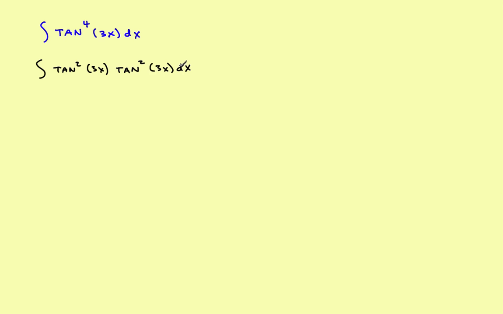Now again, why would you want to do that? Because you can use identities then to take these tangents and break them down into the forms of integrals that you actually have an integral that you can work with. Now, at this point, you're going to need identities, so we'll take a look at the identities again just to remind you. The tangent squared is equal to secant squared minus 1.